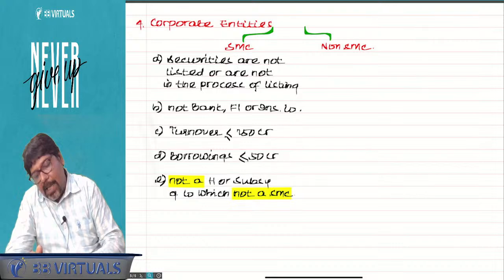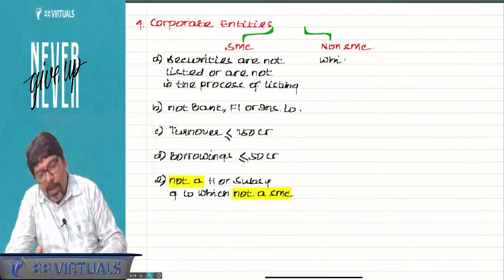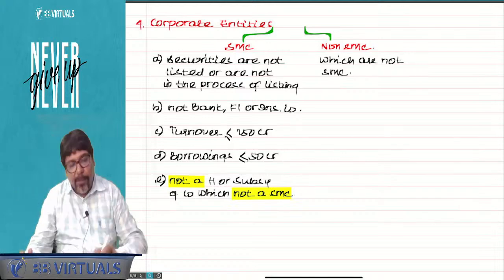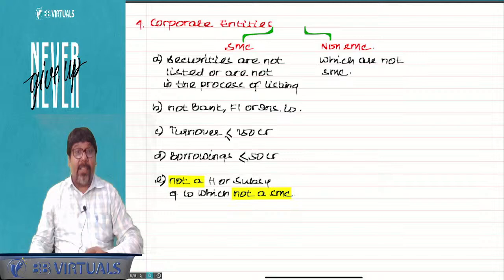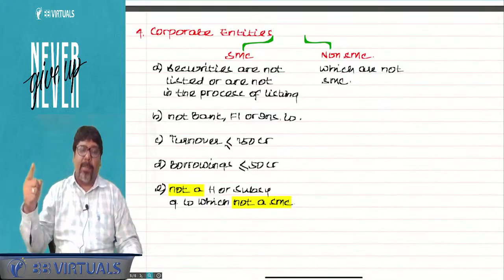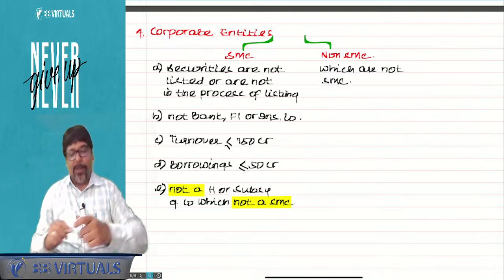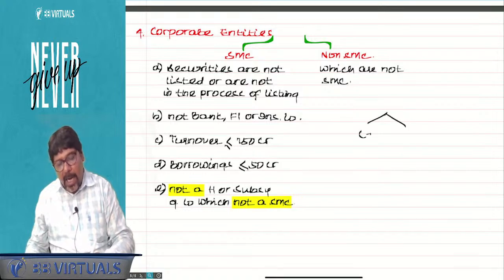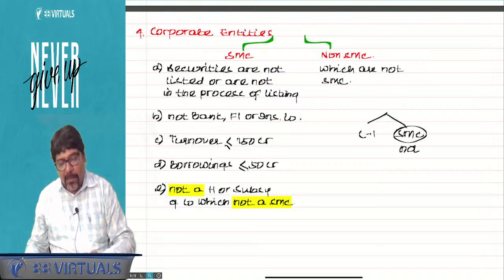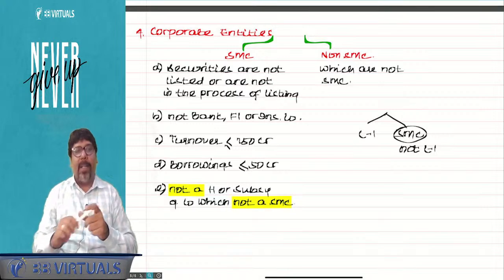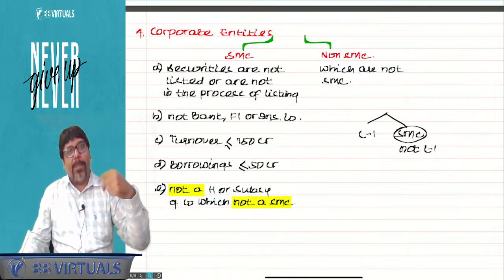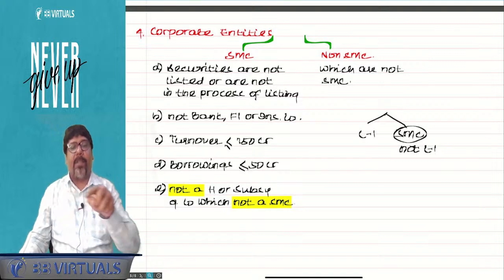And non-SNC, which are not SNC. So if you see now the SNC conditions, they are just the reverse of level 1. Level 1 has listed or in the process of listing, bank, financial institution or insurance company. SNC has not listed nor in the process of listing.